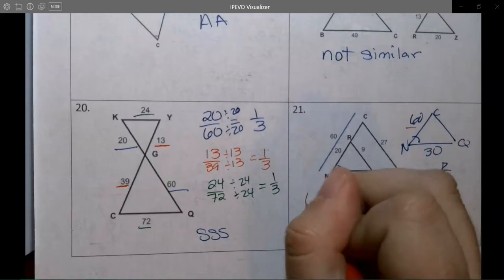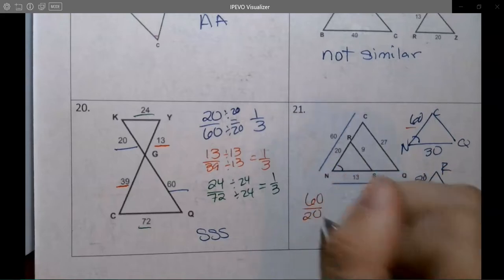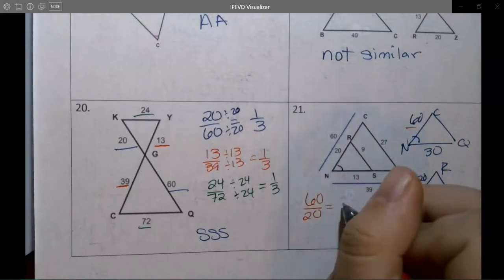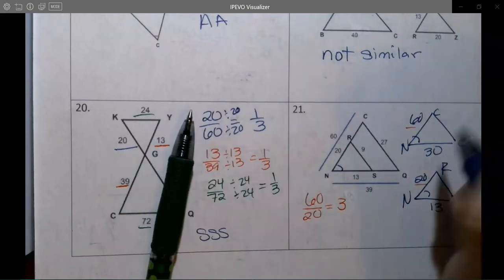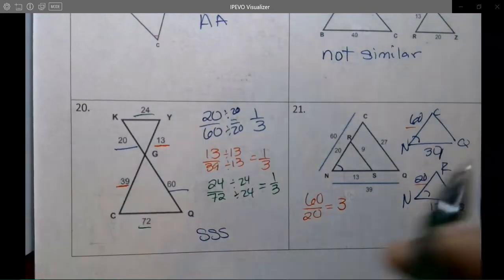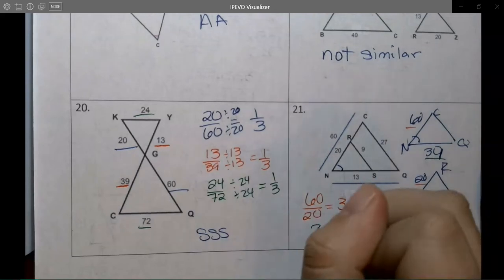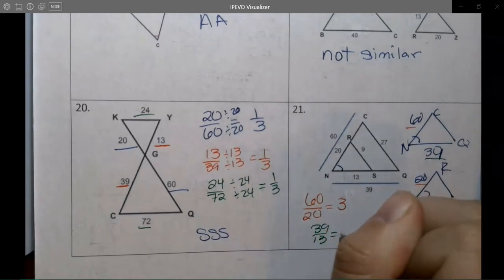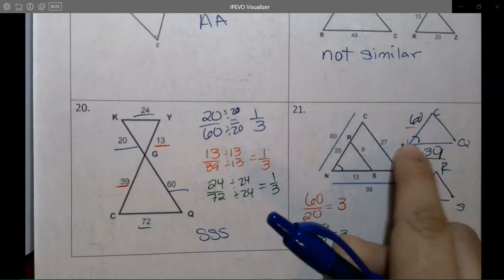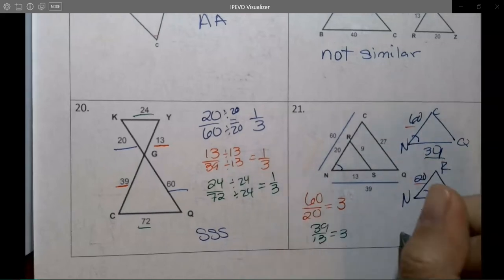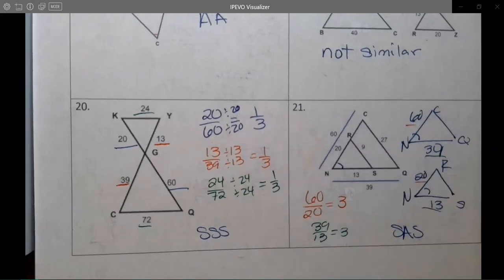I'm just going to do top over the bottom triangle. 60 over 20 gives me 3. Over here, that was 39, not 30. I want to do 39 to 13, which gives me 3. So I have a pair of similar sides, a similar angle, and a similar side. This one is side angle side similarity.